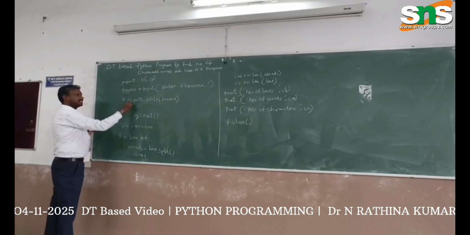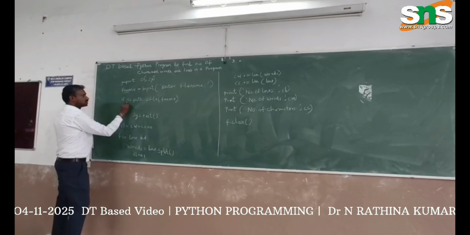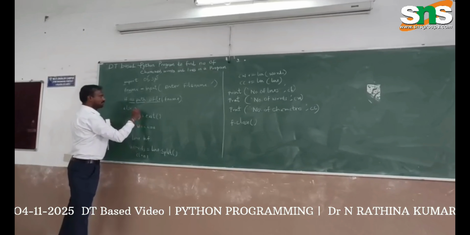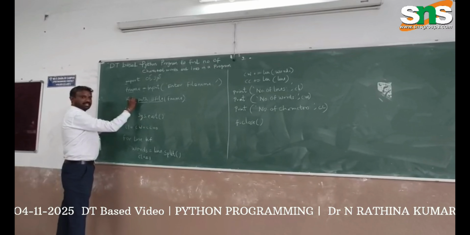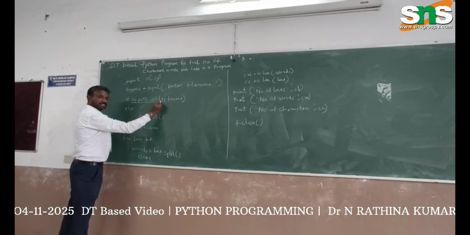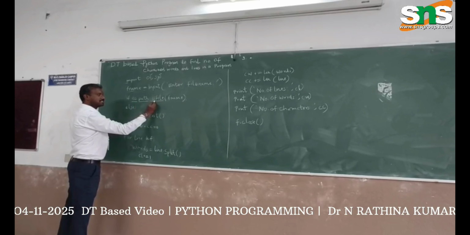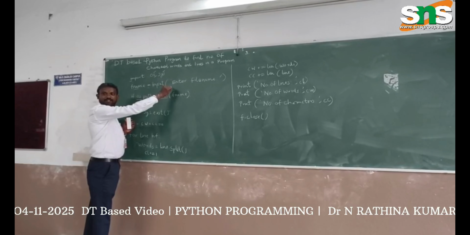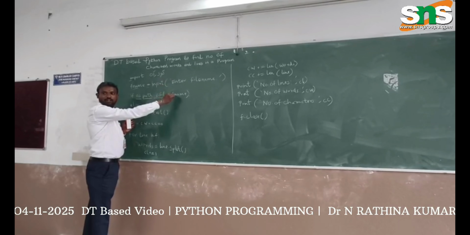The next command is a very important command: os.path.isfile. Here os is a library, path is also a library, and isfile is a method. With the help of this particular line, first we have to check whether the given file exists or not.